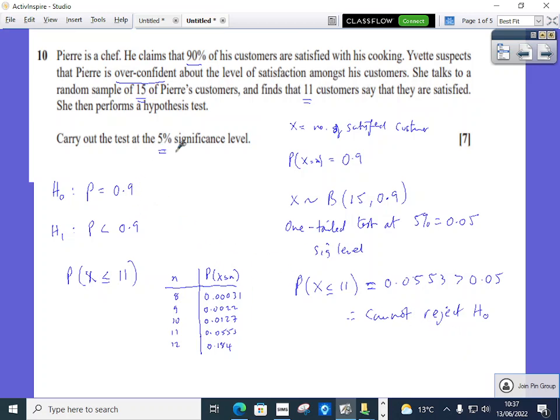Okay, so you already got 6 marks up to here, and then you say that there is insufficient evidence to suggest that it's not satisfied, to suggest Pierre is overconfident.